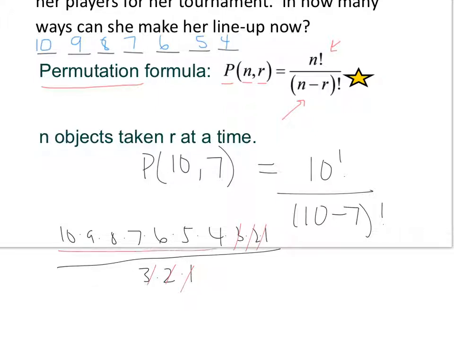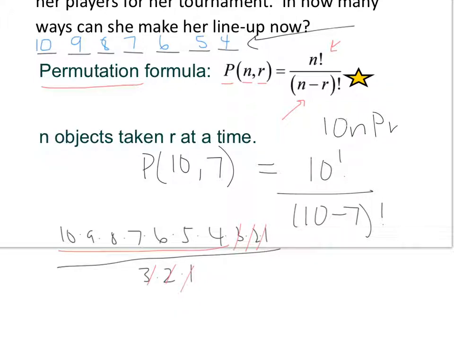So in my calculator, I would type this in, which is just what I got up here, or I could use that formula. So try that on your calculator now. Type in 10 and then hit the PRB button, and click the nPr.